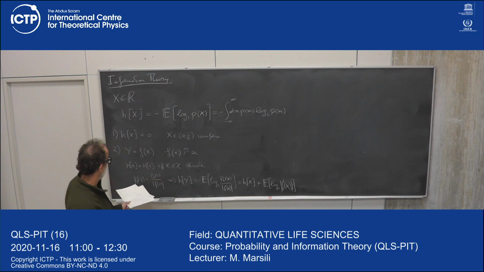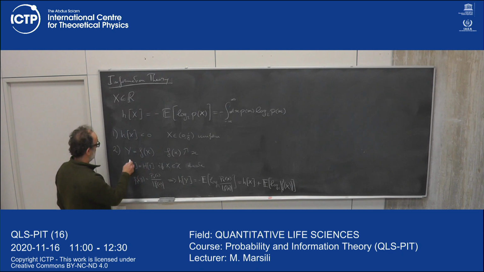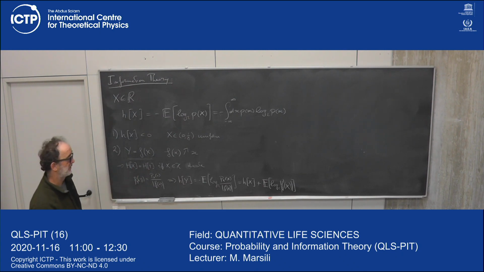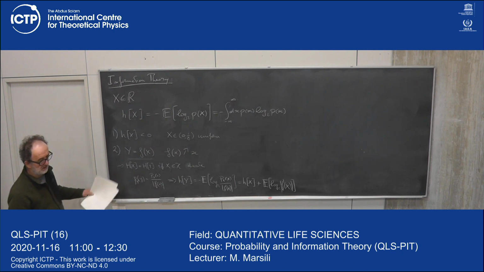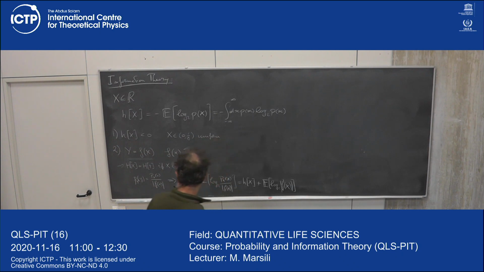Then you see that if you change the parameterization of your variable x, then if the variable is discrete, it doesn't change. But if the variable is continuous, then it changes. Okay, so where does this problem come from?